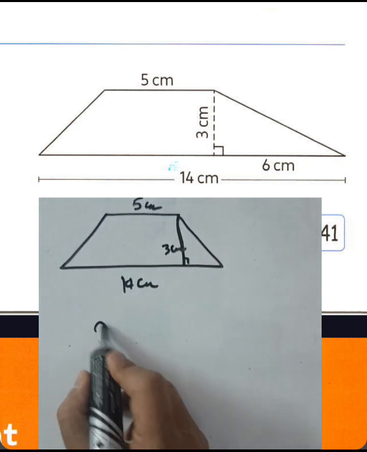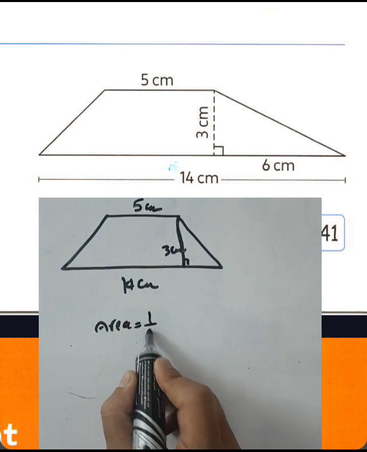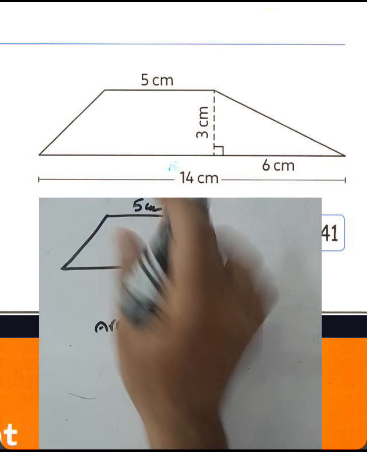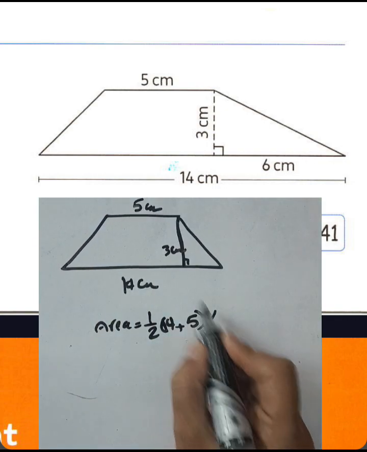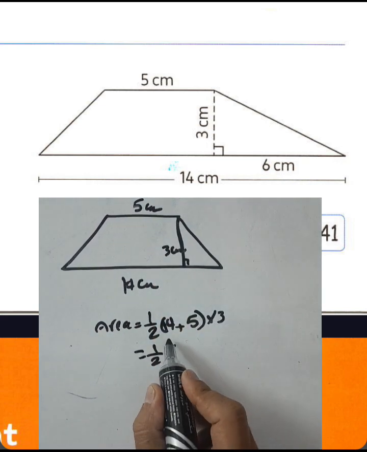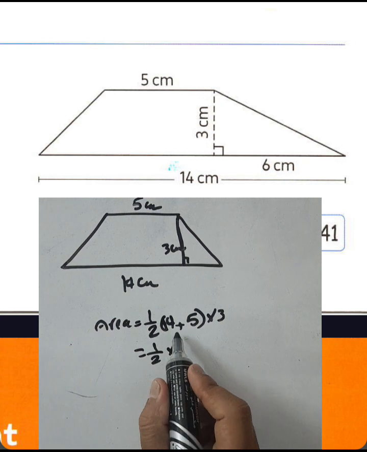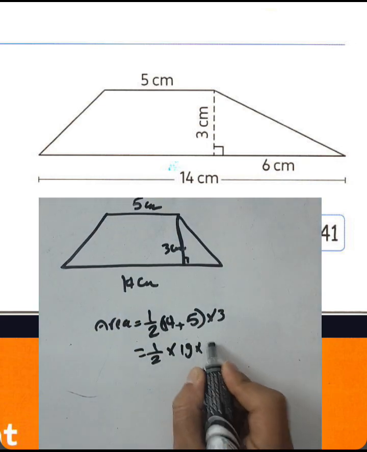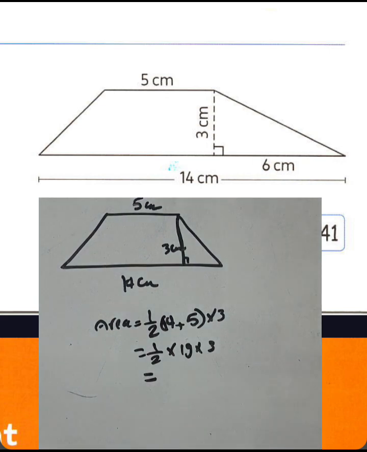You can find the area, right? Half the sum of the two bases, the greatest base 14 and the smallest base 5, times the corresponding height 3. Then the area will be half times 14 plus 5, which is 19, times 3. Understood?